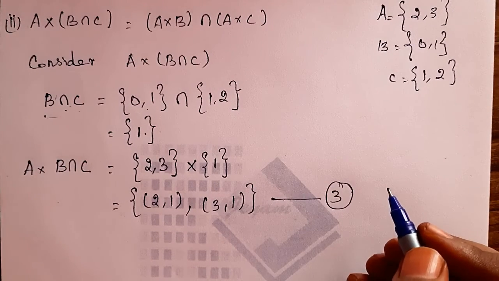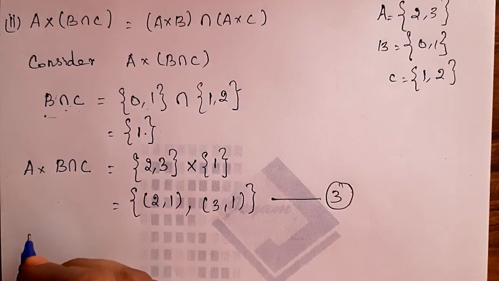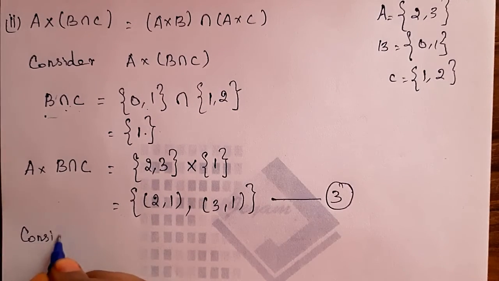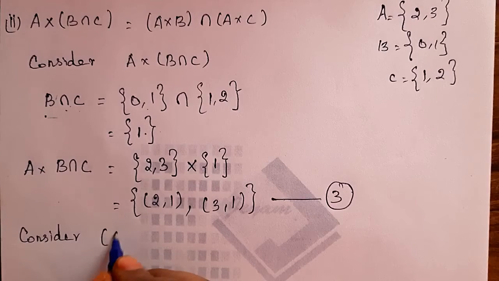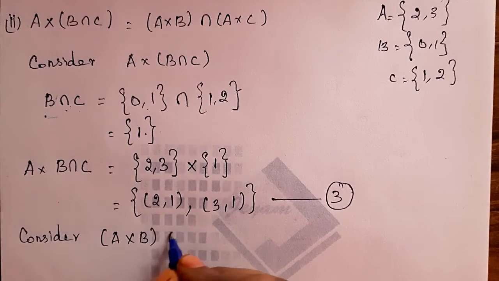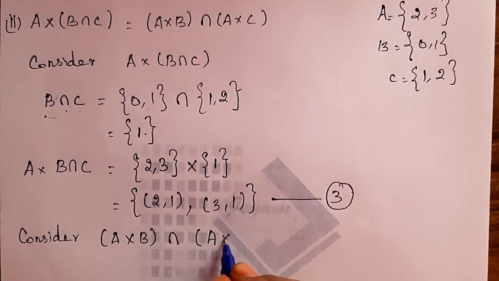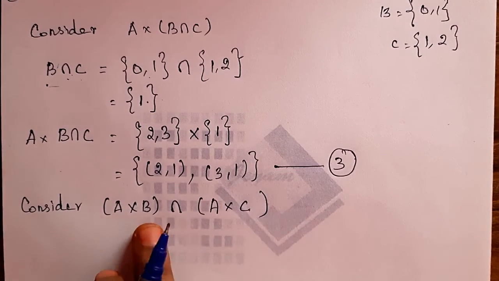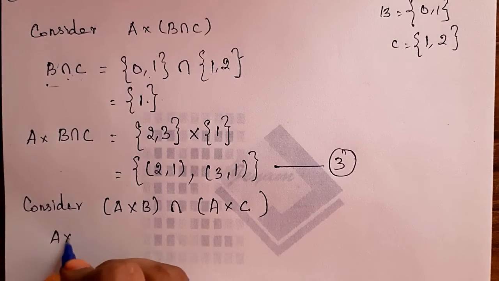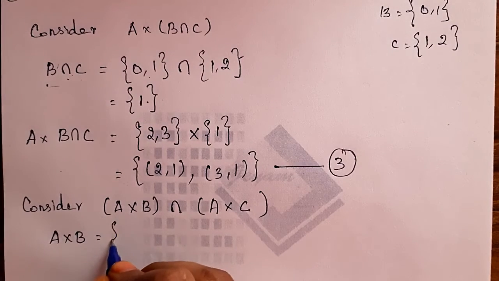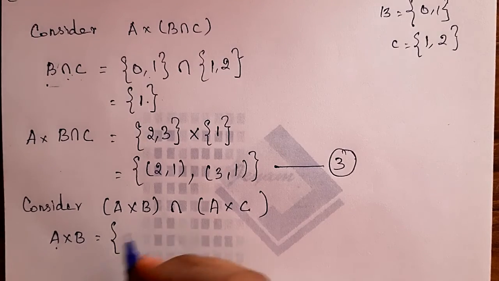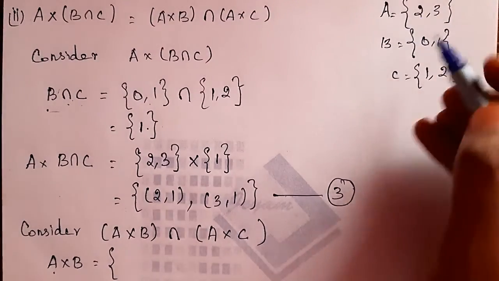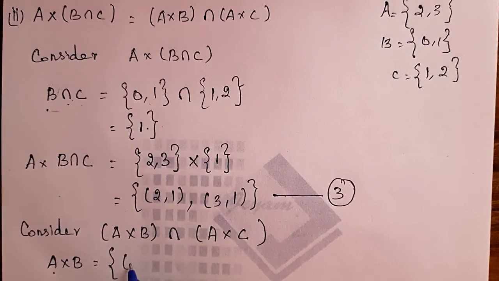So next we can write. Next one, consider the RHS, (A cross B) intersection (A cross C). First you can take A cross B. A cross B is set of all... What is A? First you write the A. A is {2, 3}. Then cross.